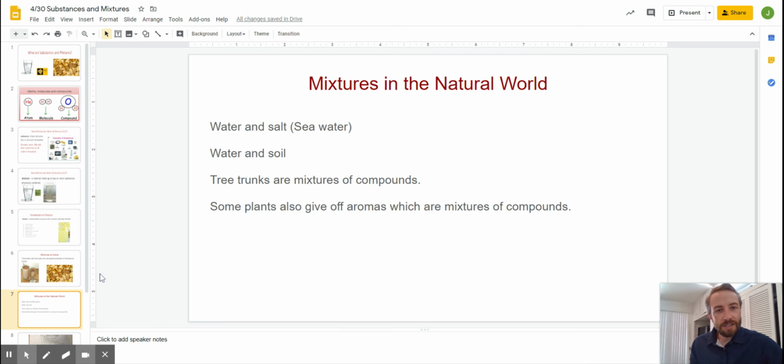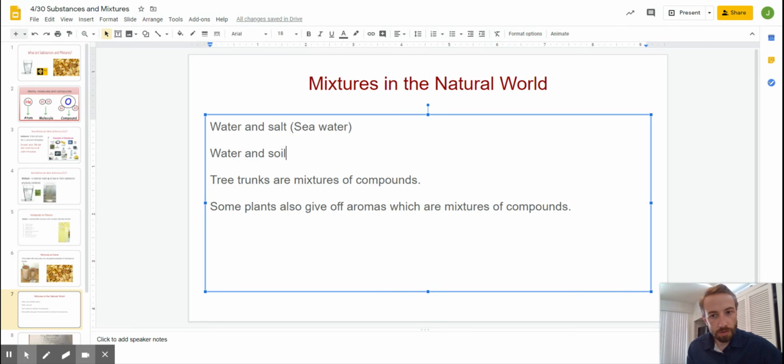Some of the mixtures that we see in the natural world you read about in the reading yesterday. So the salt water was a mixture of trace minerals, chlorine, sodium, and hydrogen and oxygen. They consider it a compound, but compounds can be parts of mixtures. So there's water and salt to make seawater, water and soil.